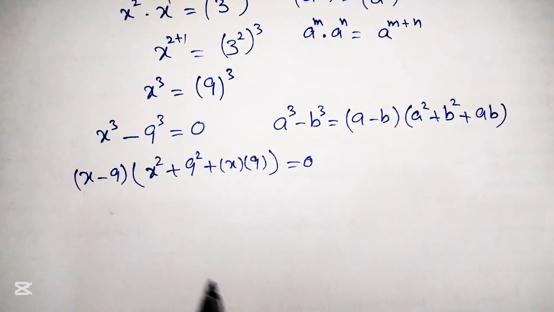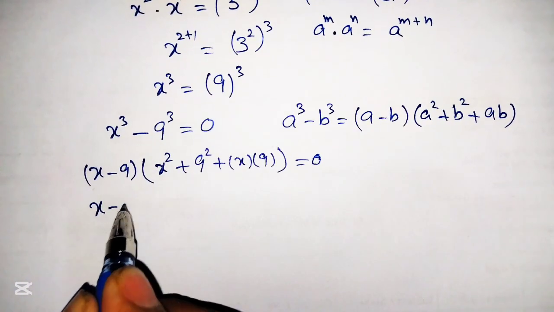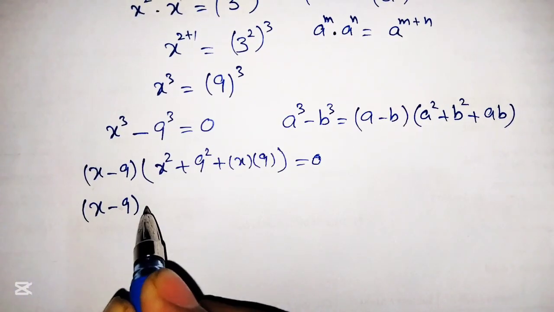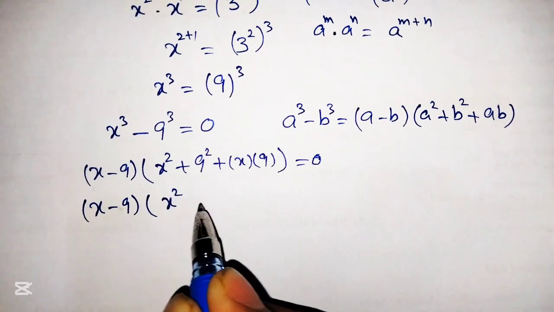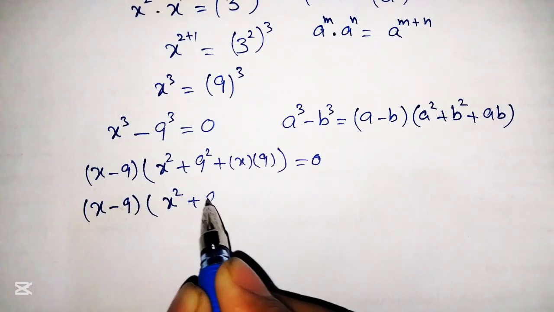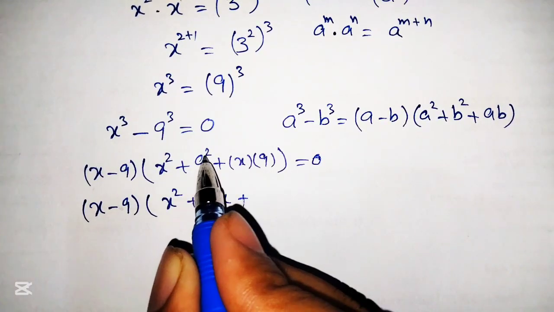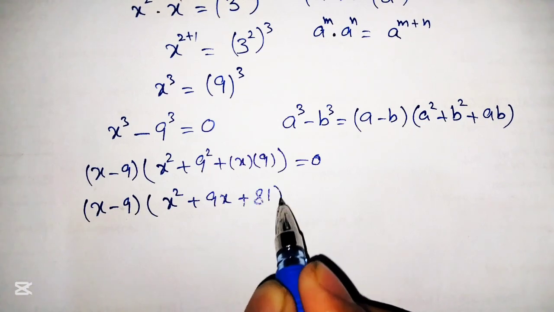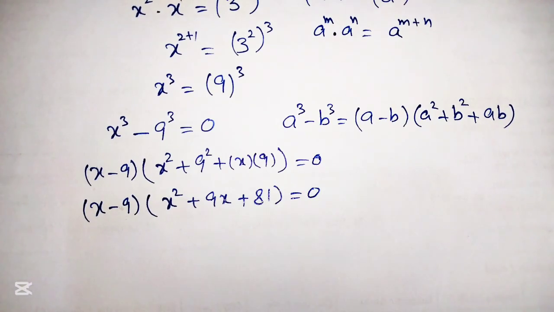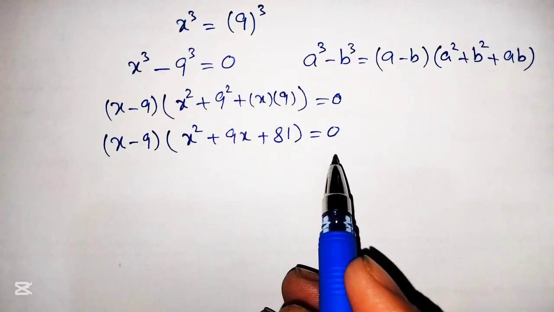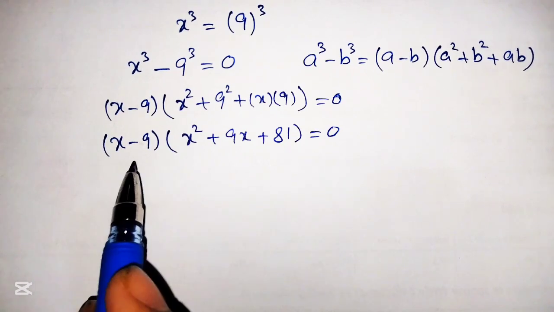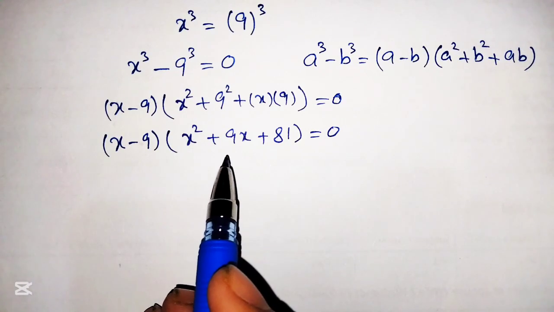Now after simplification, we can write it as (x minus 9) times (x square plus 9x plus 9 square, which will become 81) is equal to 0. Now two terms are multiplying and the answer is 0. It means that either of these two terms will be equal to 0.